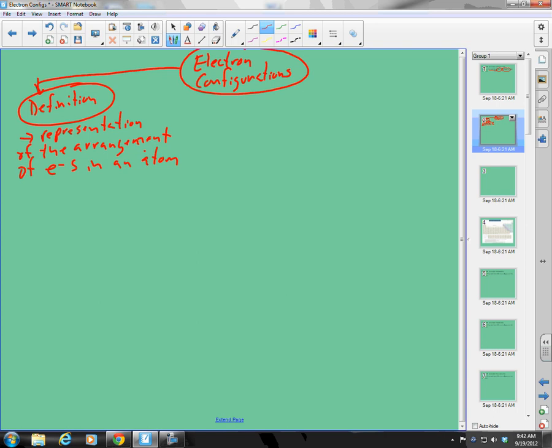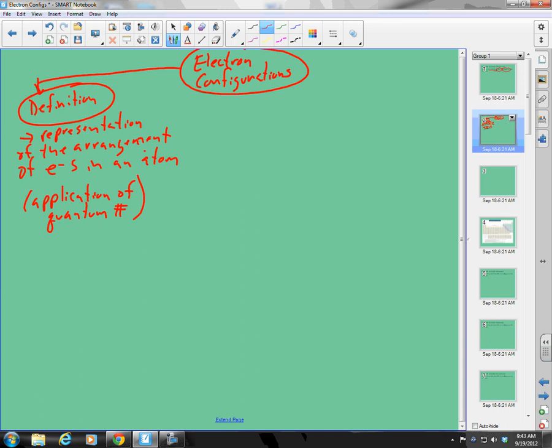Good. Now, what's kind of cool about this, as I said, is that this is really an application. To me, this is a practical application of quantum numbers. Because remember, with quantum numbers, what were we trying to do?